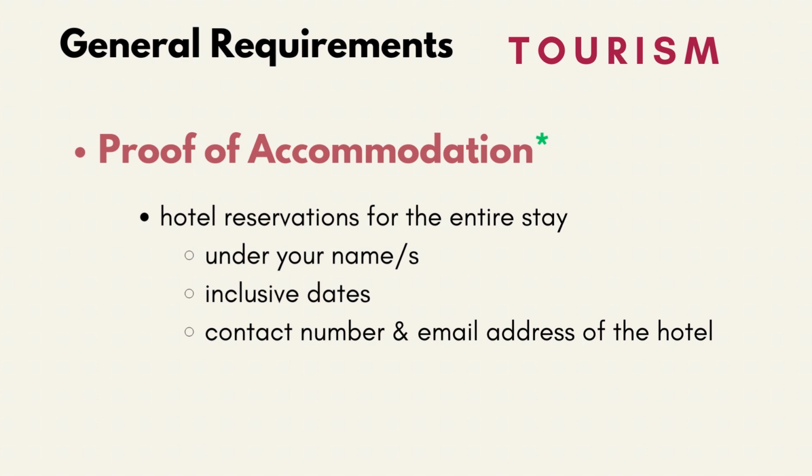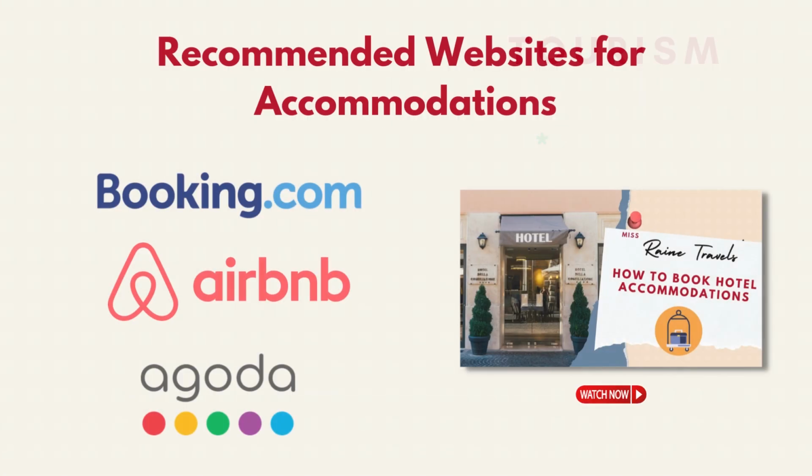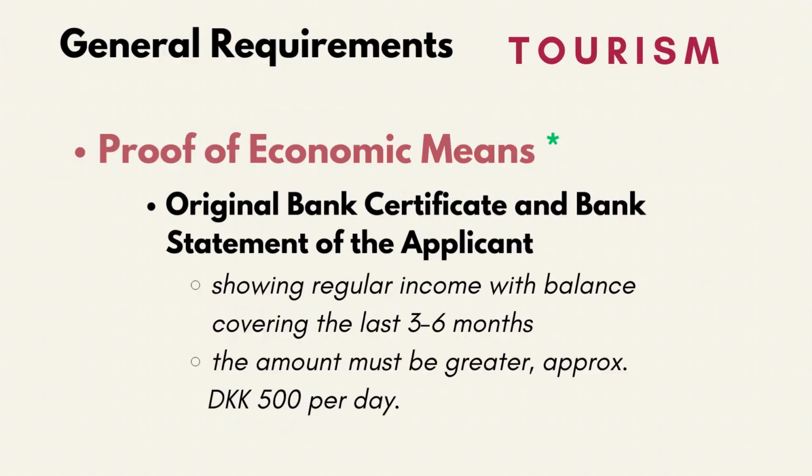As proof of your economic means, each of the applicants should supply their own bank certificate and bank statement. This must show a regular flow of income with the balance covering the last 3 to 6 months.